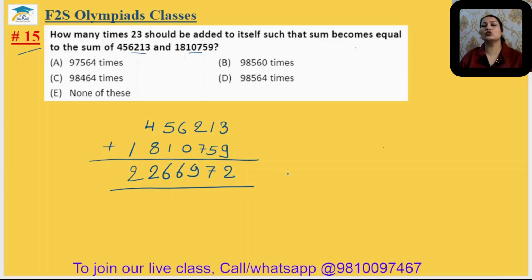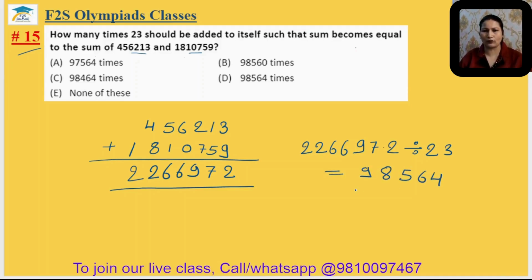Now how many times should 23 be added to itself? For this, we can just divide this number, 2266972, by 23. You will get 98,564. That is in option D. The 15th answer is option D.